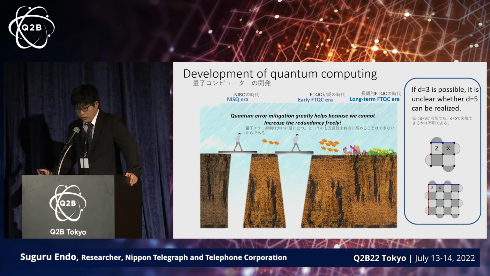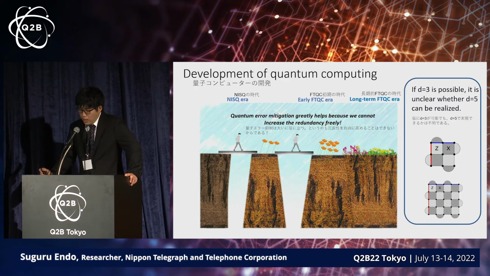The development of quantum computing will go as follows. We are in the NISQ era, as I said, and quantum error mitigation helps this computing to be useful for quantum machine learning and so on. We expect that quantum error mitigation is also very useful for early FTQC, where code distance cannot be increased freely.